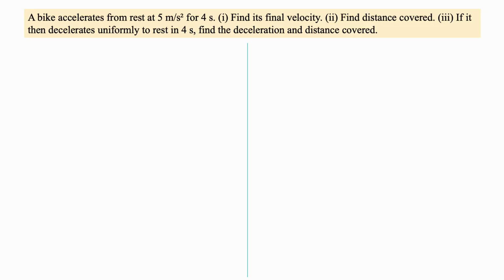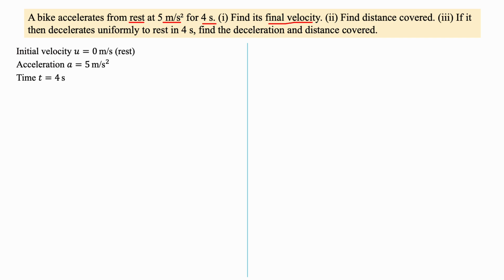Let's now solve a couple of problems. A bike accelerates from rest at 5 meters per second square for 4 seconds. So it starts from rest, u is equal to 0. Acceleration a equal to 5 meters per second square and t is 4 seconds. Find its final velocity.